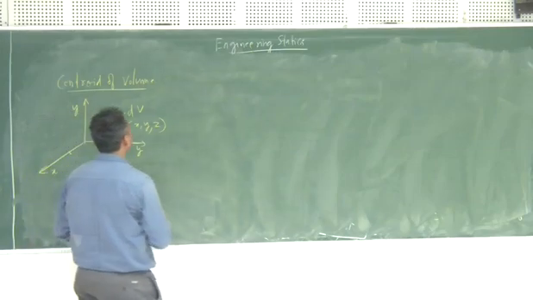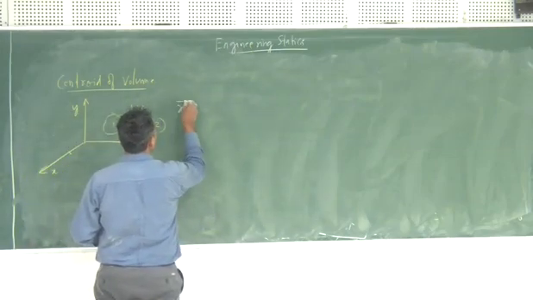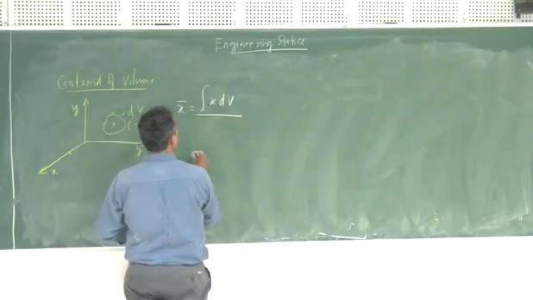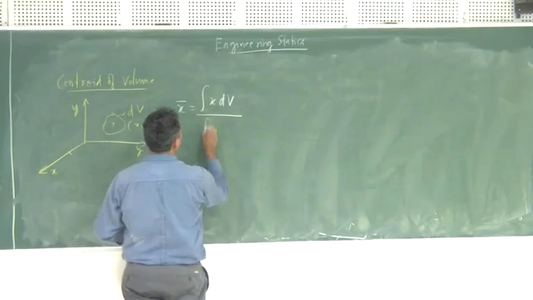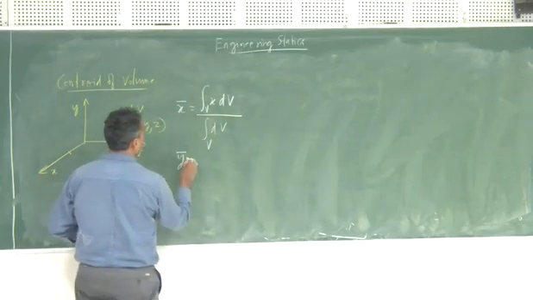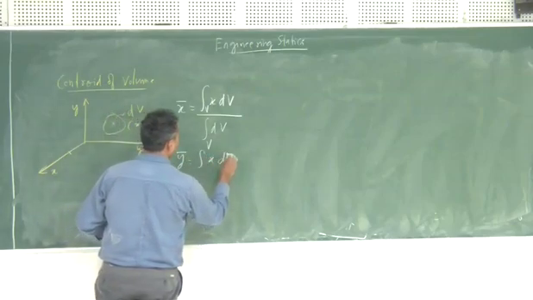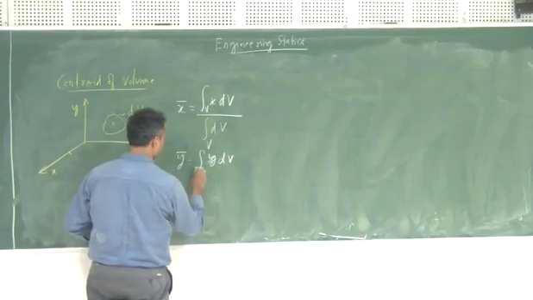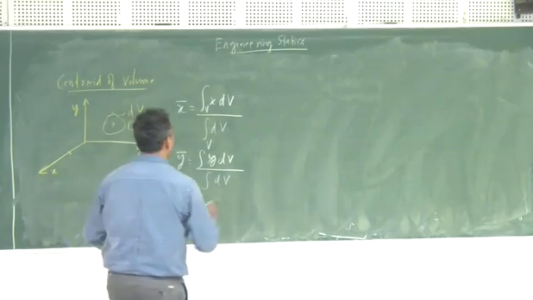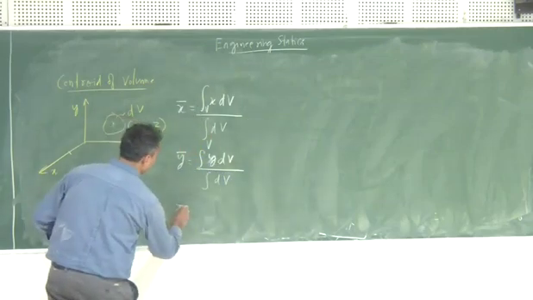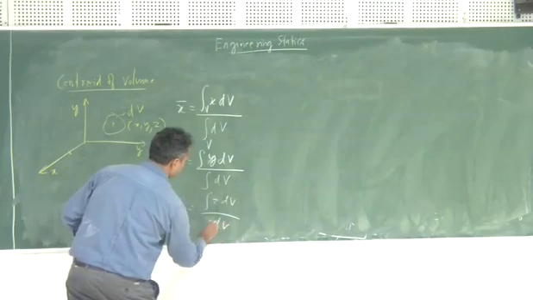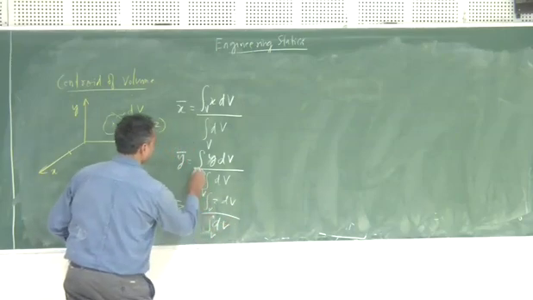Try to define the centroid of volume: x bar is x dv divided by dv, y bar is y dv, z bar is z dv. All integrations are done over the volume.